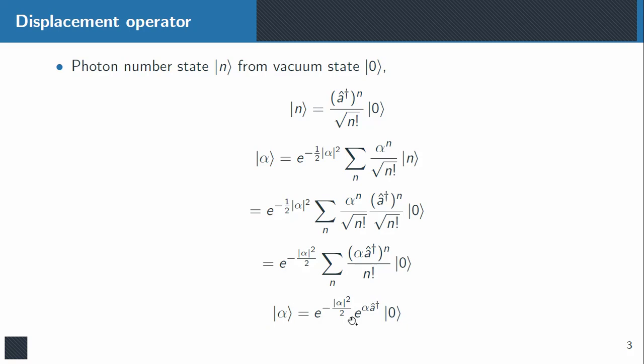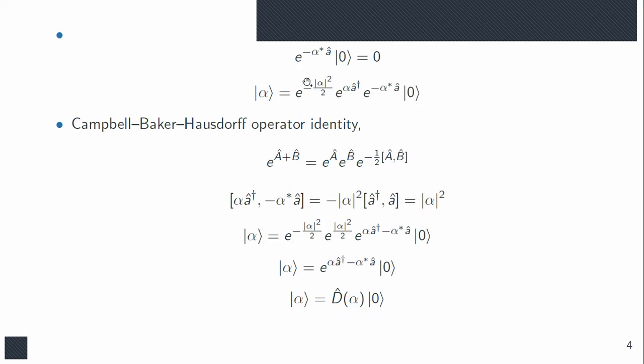In order to make this operator an exponential identity, we have to introduce another kind of exponential. Let's see how we can do this. We know that the action of the annihilation operator on the vacuum state is going to annihilate it.